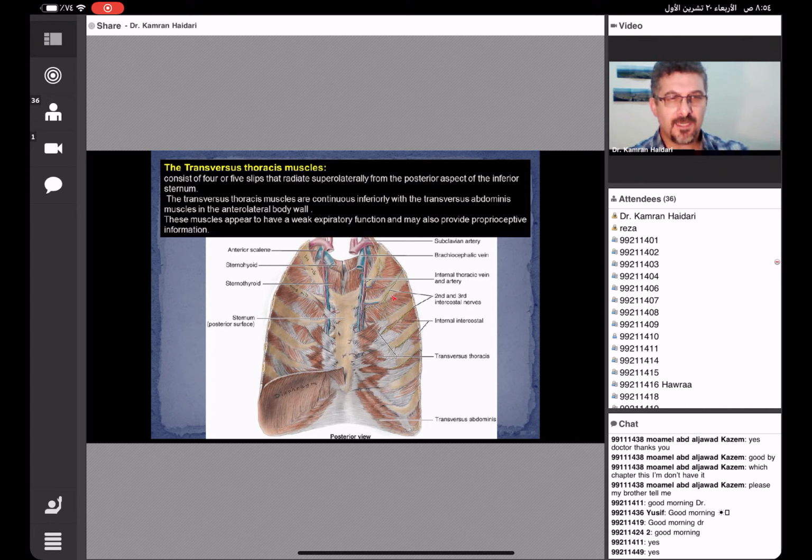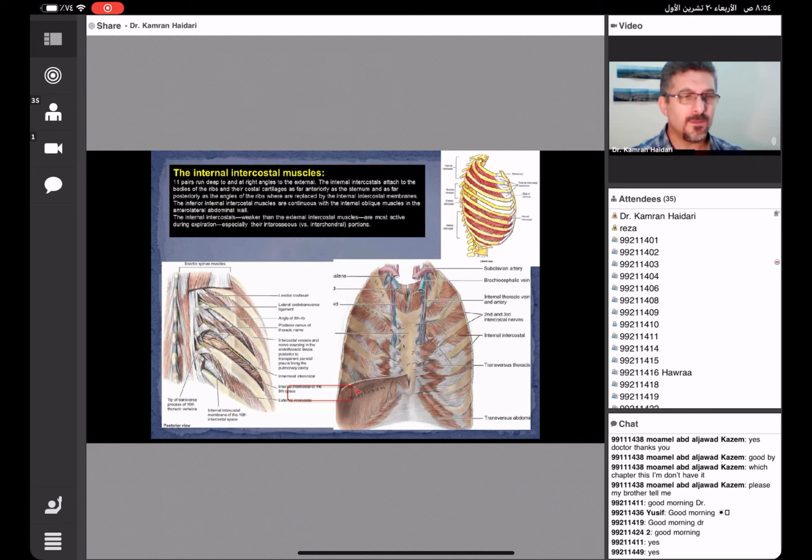For example, from the second rib, floor of the costal sulcus of the second rib attaches to the internal surface of the superior border of the next rib, rib 3.